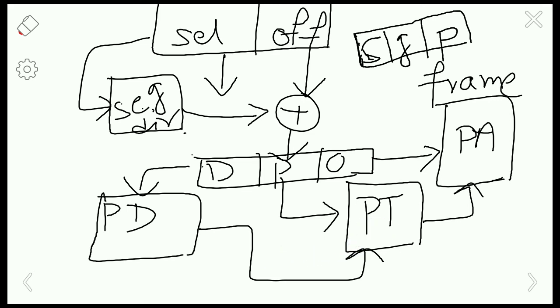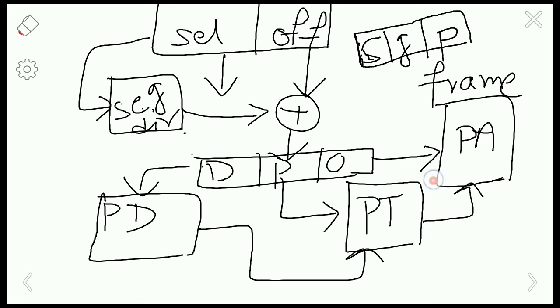The directory number is used as an index to the page directory. The page directory is used to identify the page table. The page number in the linear address is used as an index to the page table. The page table entry is used to identify the physical frame.